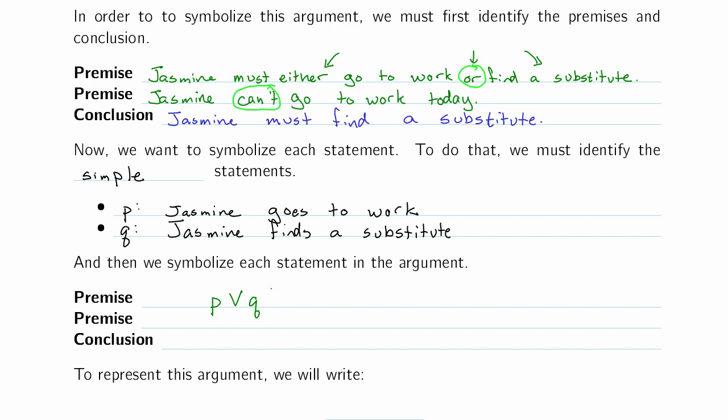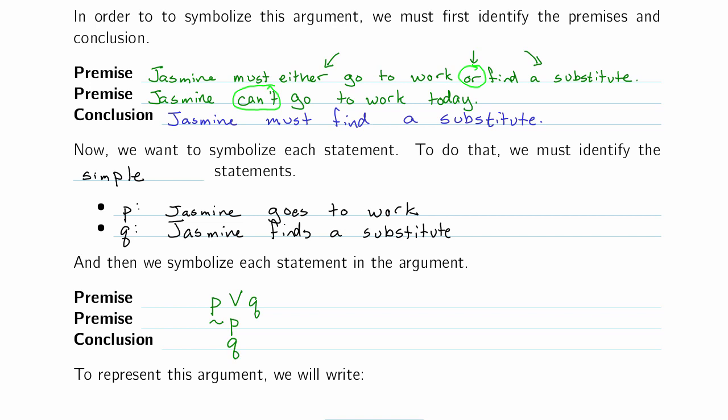But then in our second premise, we have Jasmine can't go to work. That's going to be not P. And we're going to see that it's very important in analyzing this argument that we use the same simple statement for those two occurrences of Jasmine goes to work. Even though one of them is negated, we'll just use the negation there. And then our conclusion, Jasmine must find a substitute. That's just Q.